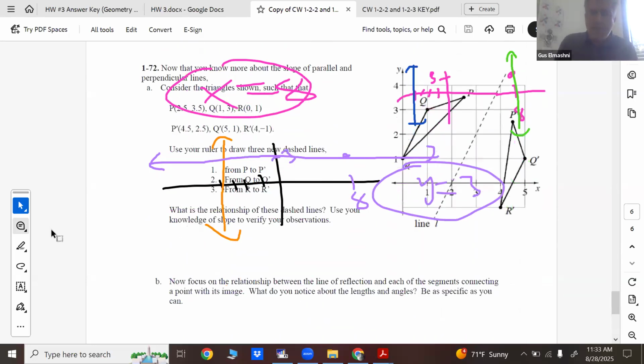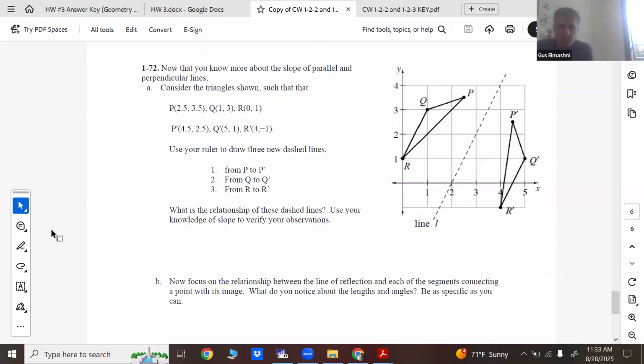All right. Maggie, can you read 1.7.2, please, part A? Now that you know more about the slopes of parallel and perpendicular lines, A, consider the triangle shown such that P is (2.5, 3.5), Q is (1, 3), R is (0, 1), P prime is (4, 5.2), Q prime is (5, 1), R prime is (4, -1).